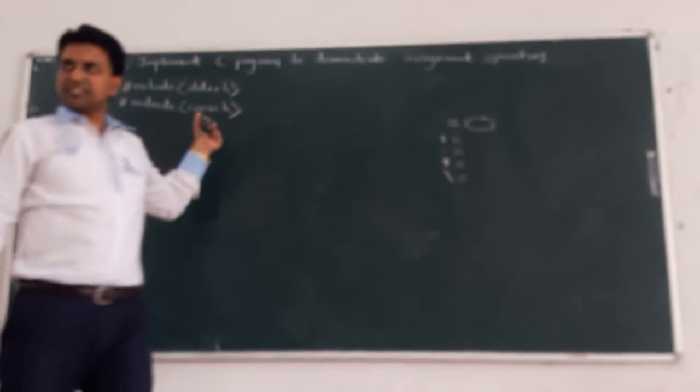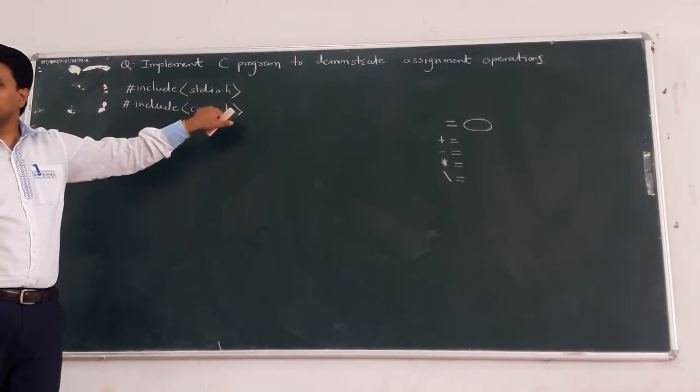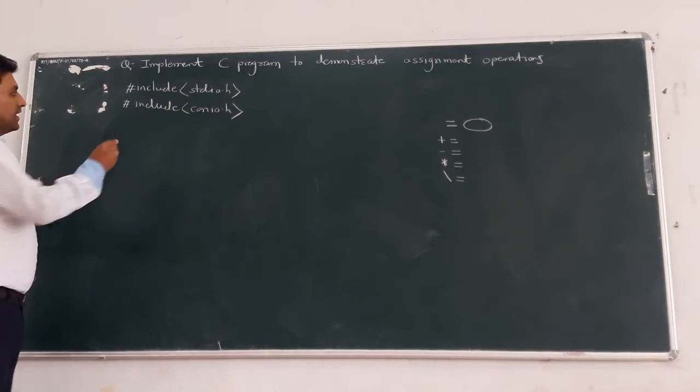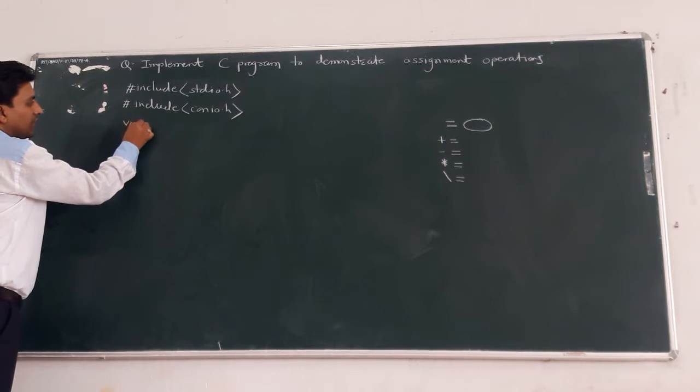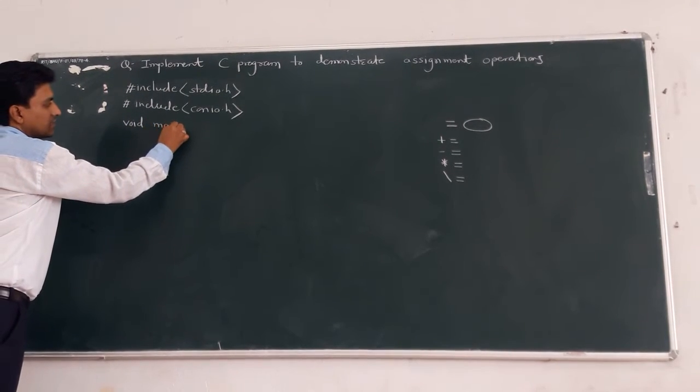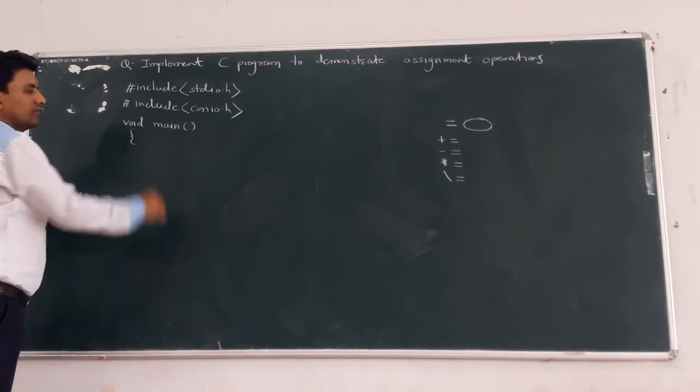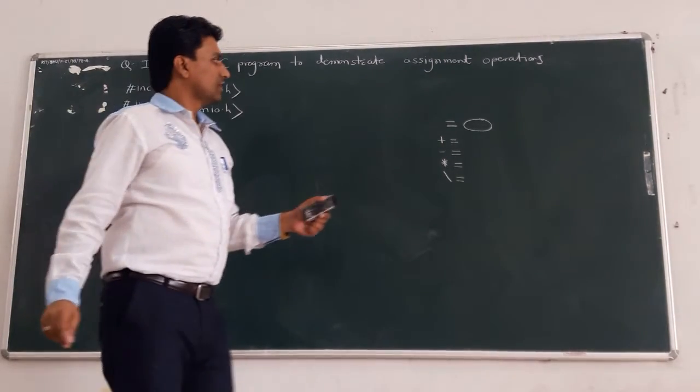Next, #include conio.h header file. The clrscr and getch function definitions are present in the conio.h header file. Next is void main. Start the program from the main function.